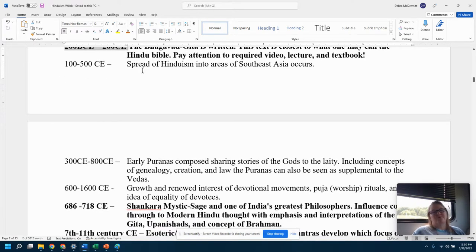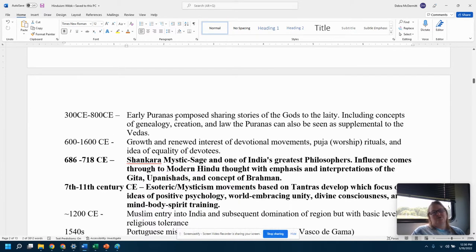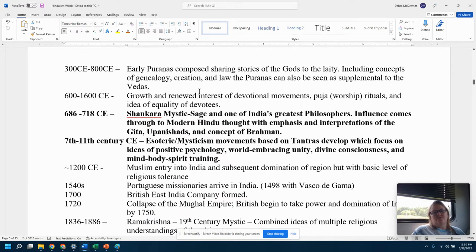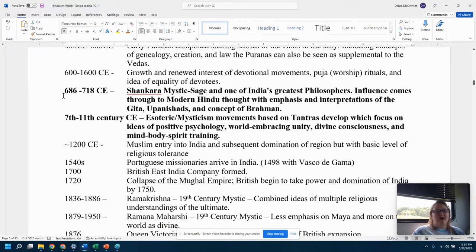Between 100 and 500s, Hinduism is spreading across Southeast Asia. We have the completion of the Puranas. We have growth and renewed interest in devotional movements such as puja. Between 686 and 718, we have Shankara, the mystic sage, and one of India's greatest philosophers. His influence comes all the way through to modern Hinduism with ideas, interpretations, and understandings of the Gita, the Upanishads, the concept of Brahman.